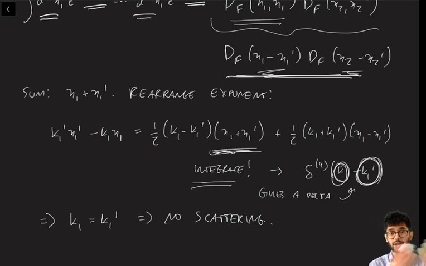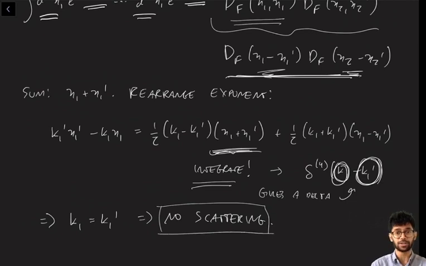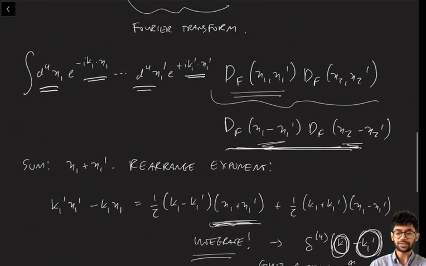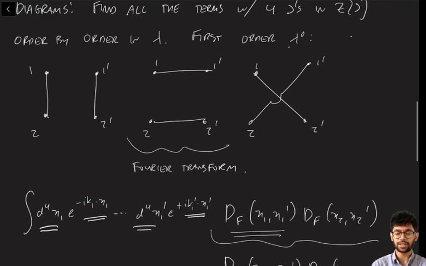In other words, the one particle is coming in and it's just becoming the one prime particle without anything going on. And okay, we have done a lot of math to show this, but it's actually kind of obvious from this picture, right? You can see right here that the one particle is going in and becoming the one prime, the two particles going in and becoming the two prime, and there's no scattering going on.